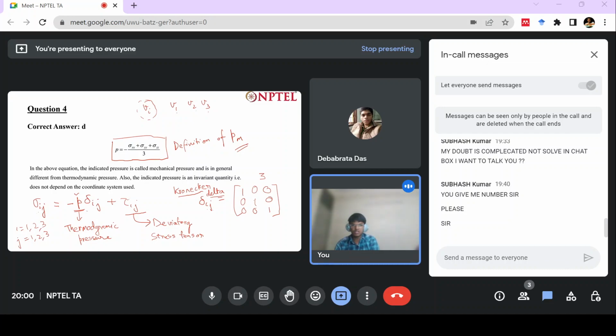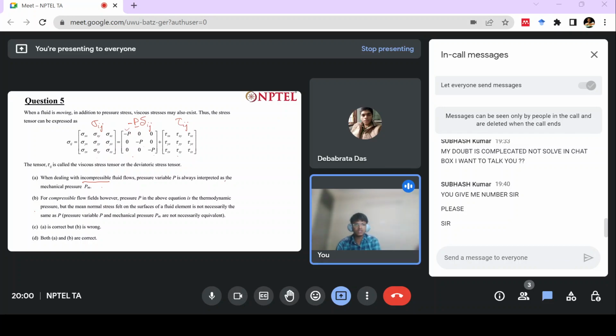Here tau ij, the deviatoric stress tensor, is dependent on your velocity. Has this been discussed in the class? It should be, this is the week one assignment, I guess. Yes, sir, this is discussed in the class. So hopefully I'm not stressing too much.